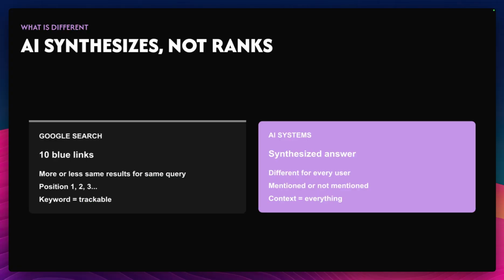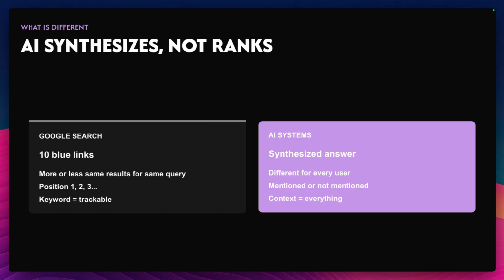Another thing you need to keep in mind is that AI synthesizes. A lot of SEOs out there will tell you that SEO is the same as AEO, GEO, whatever you want to call it, because in the background it still uses some search engine.